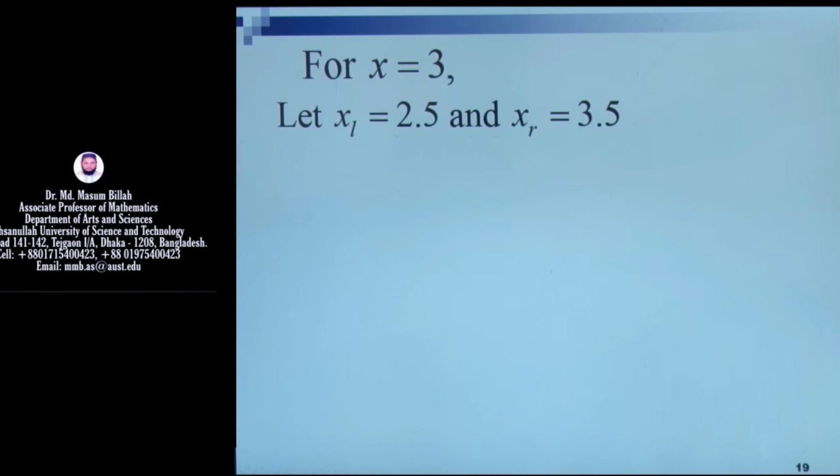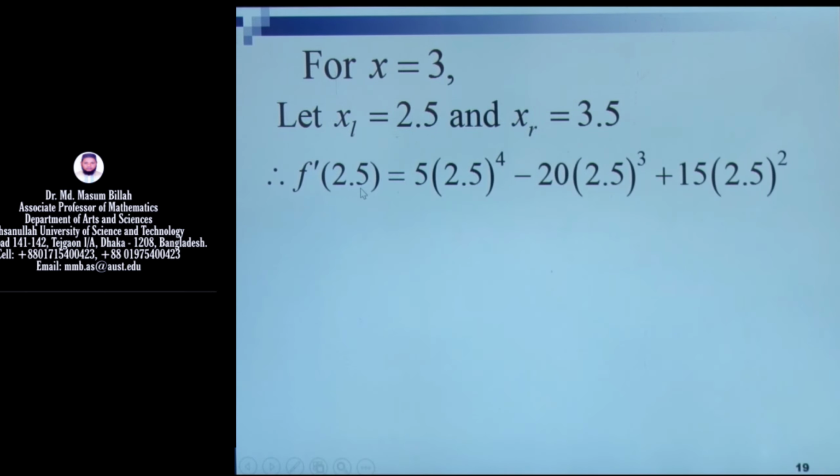And we consider on the right side xr, r for right and l for left. So xr is 3.5, and f prime 2.5 will be a negative value, minus 23.4375. So this one is negative value. Negative to positive will be minimum value, negative to negative will be the point of inflection.